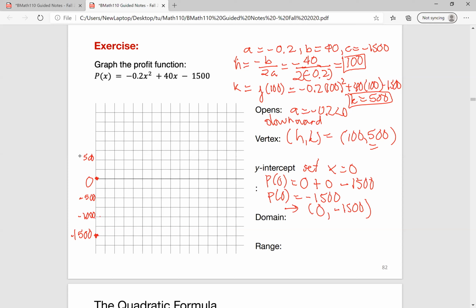And now, for X, I will have until 100 here. Okay, so I'm going to say here is the 100. All right.